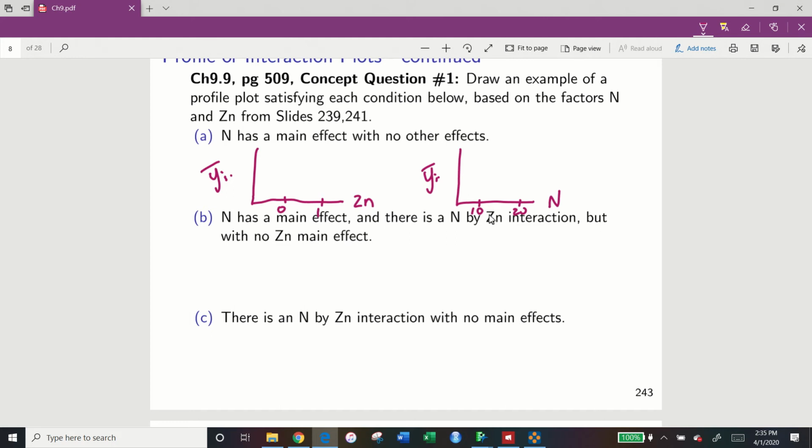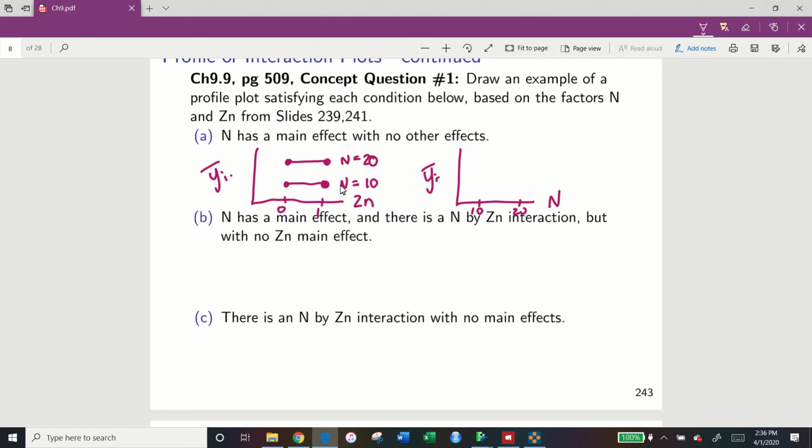So to show that nitrogen has a main effect when zinc is on the x-axis, we are going to show two parallel lines at n equals 10 and for n equals 20.